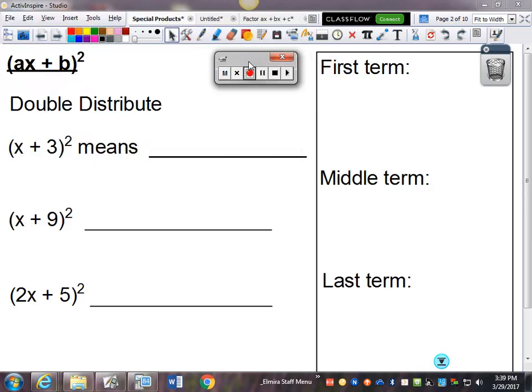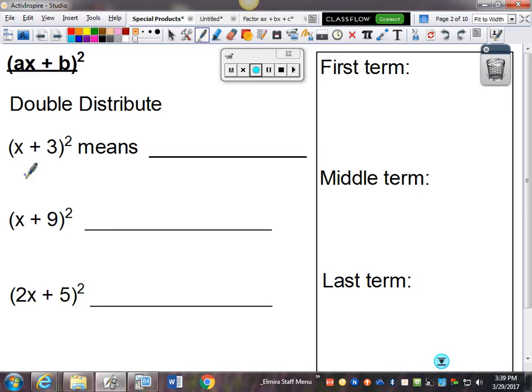Okay, so we have some binomials written as a product in a weird way. We're used to seeing two binomials next to each other and we just double distribute them. However, this looks different, but it really is the same. This says x plus 3 squared.